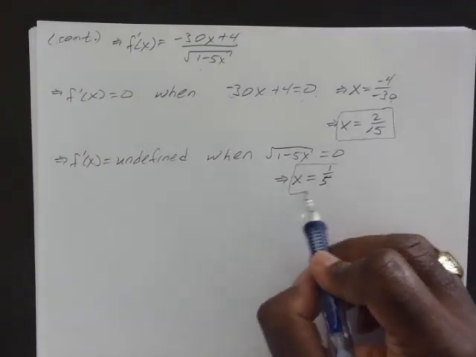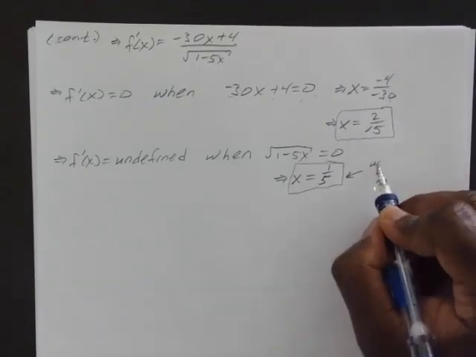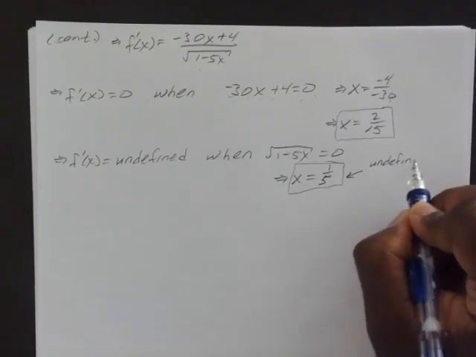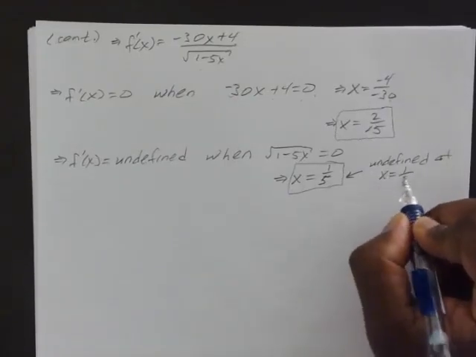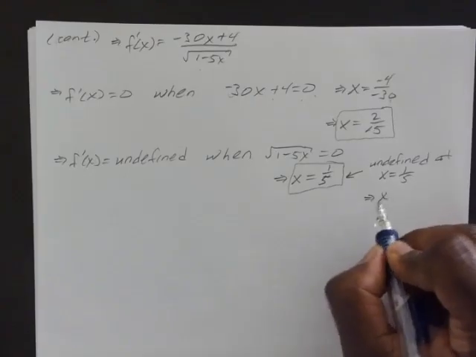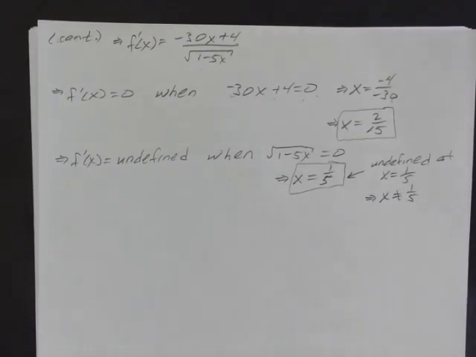So this just lets us know that x cannot equal 1/5. That's all that tells us.